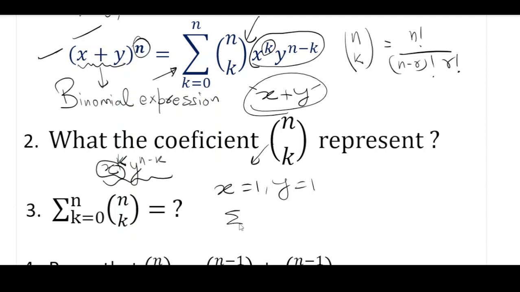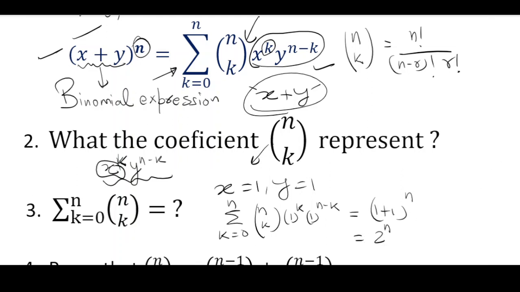Then this quantity is the summation, k running from 0 to n, of n choose k, using the binomial theorem, try to remember, 1 to the power k, 1 to the power n minus k. On the right hand side it will be 1 plus 1 whole to the power n. So the answer is 2 raised to the power n.